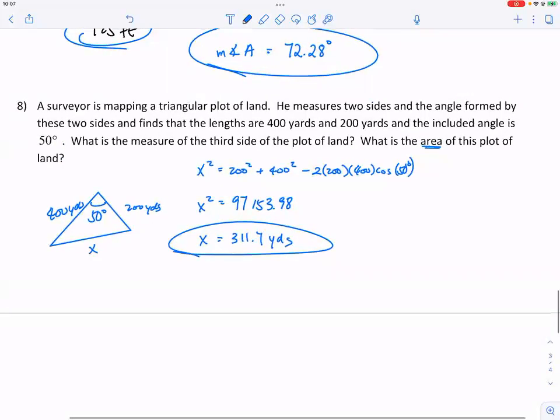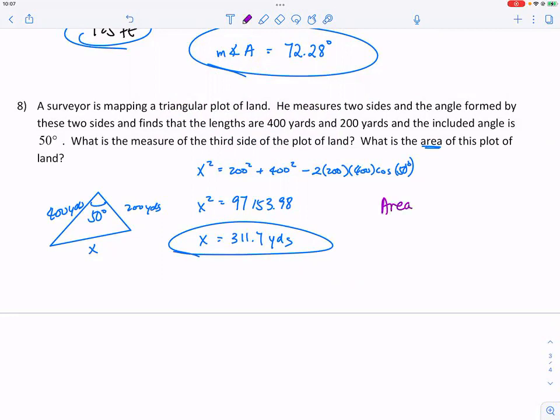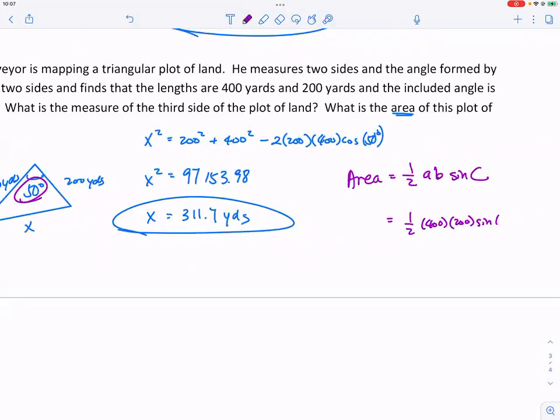Okay. And to find out the area, do you still remember the area of a triangle from yesterday? 1/2 AB sine C. Okay. And the angle C must be the included angle. So you have 1/2 A and B sine of 50 degrees.